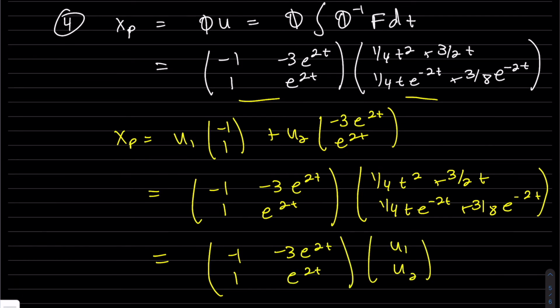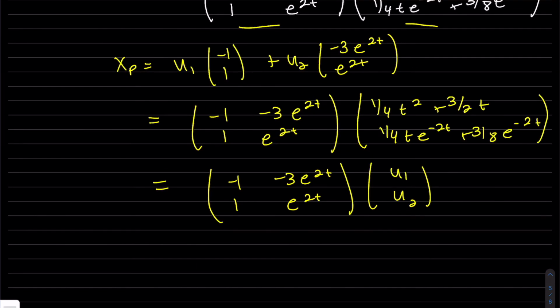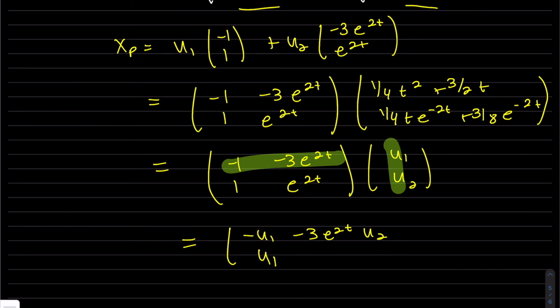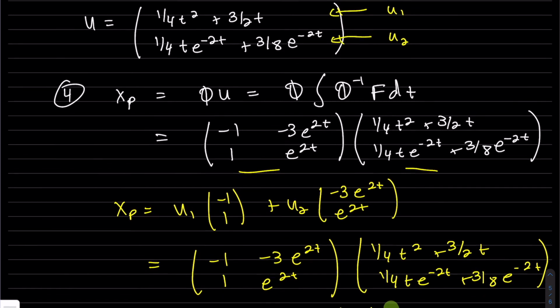So like I said, this is my u1, and then this is my u2, like here. And if we wanted to, we can even write this out as this times this on our first one. My second row is my second row times that column. But of course, we do know what u1 and u2 are.